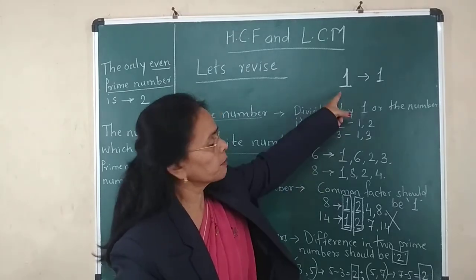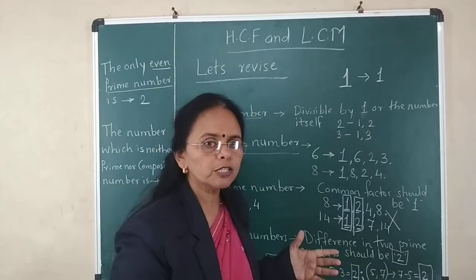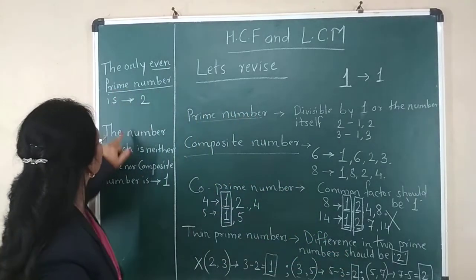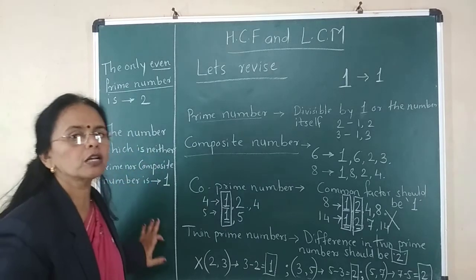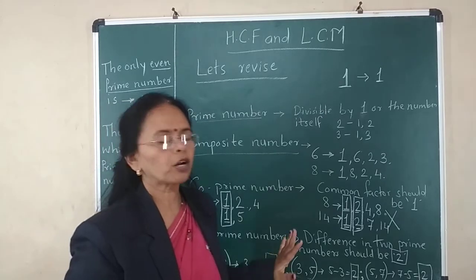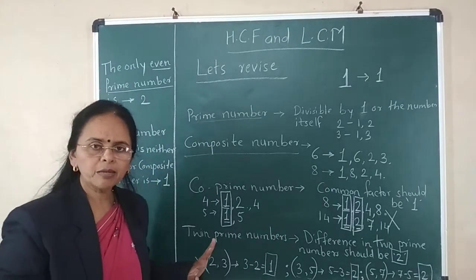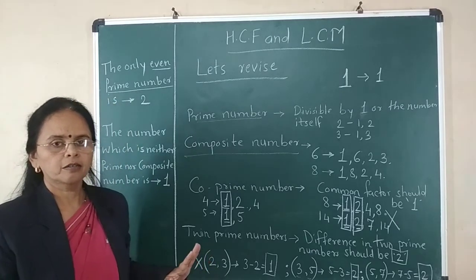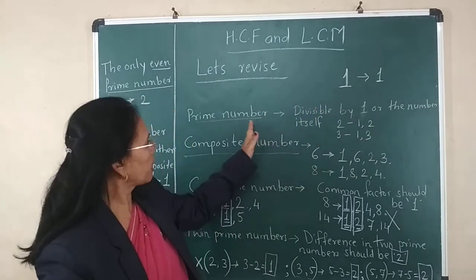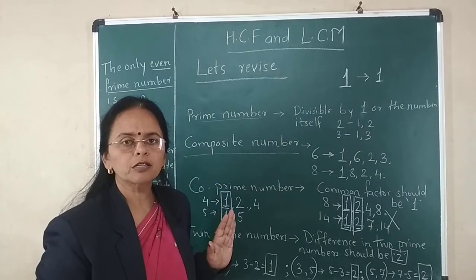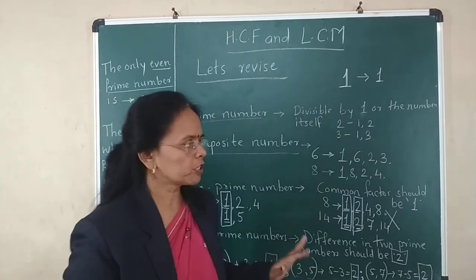So is 1 a prime number or is it a composite number? 1 is neither a prime number nor a composite number, because 1 doesn't come in the definition of prime numbers or composite numbers. That's why 1 is neither prime nor composite.